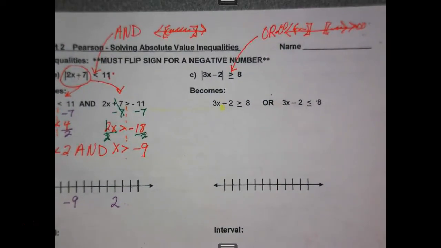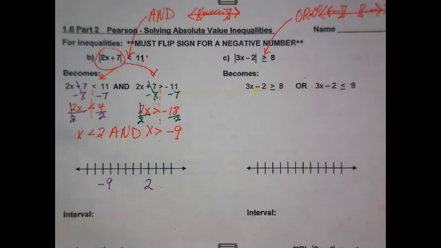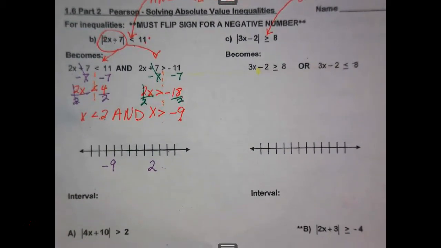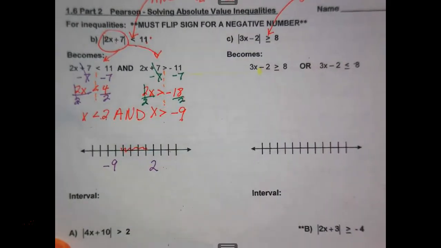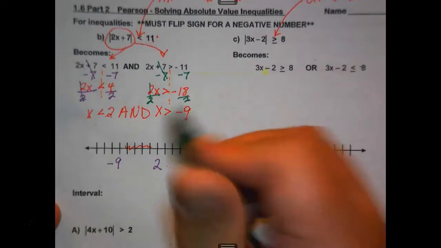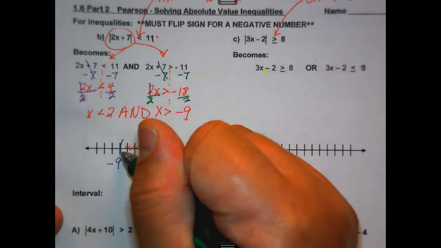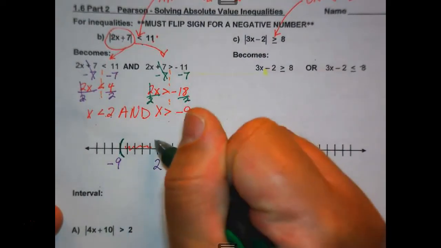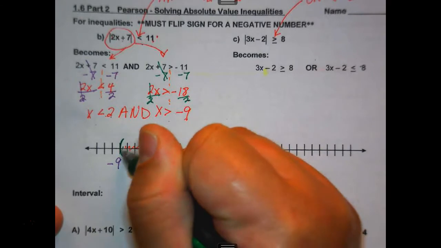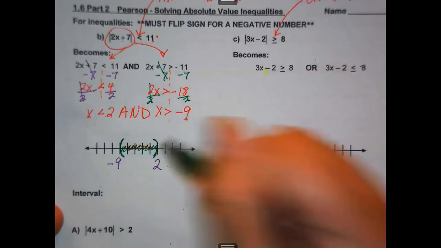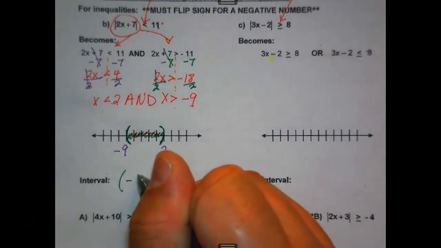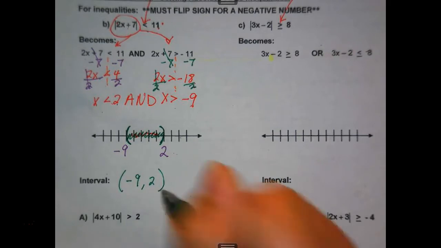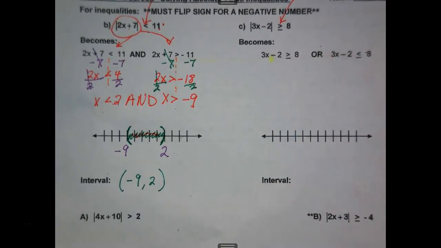Remember from compound? All right, so we're expecting these to be shaded in between, right? Do I have parentheses or brackets? Parentheses, no equal signs. So they're in between. And the interval for and problems are pretty easy. You just copy down what's there, right? And we're done.